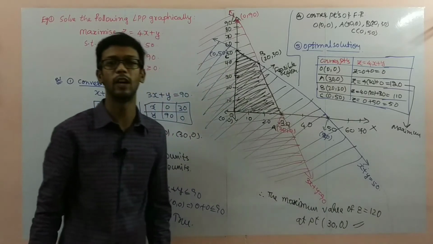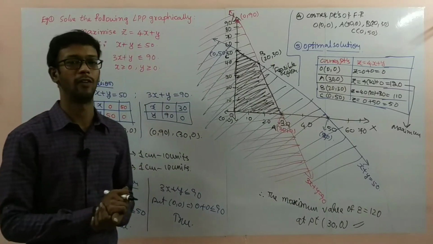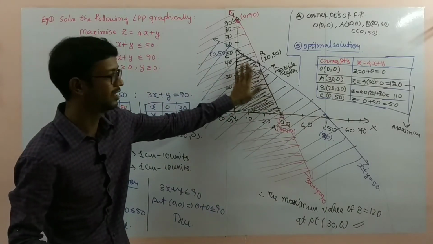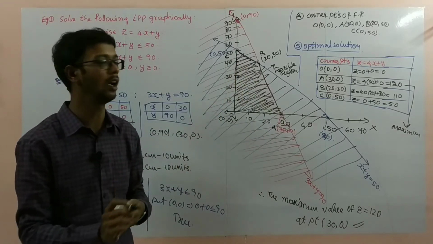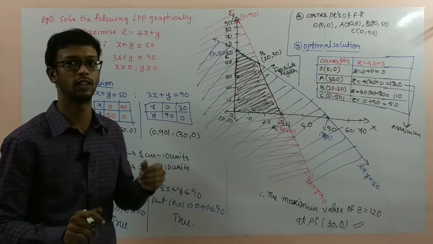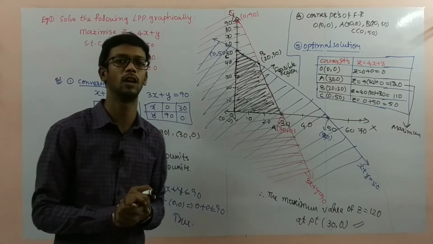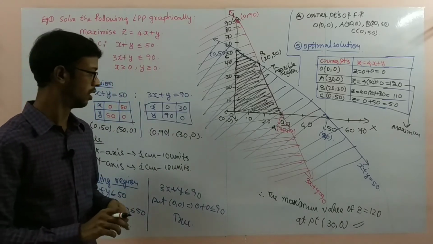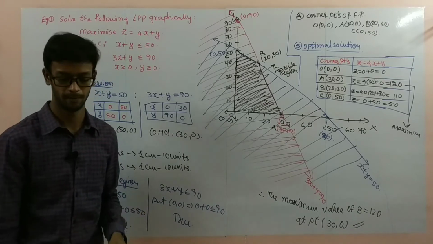So this is the way of solving the graph. You have to make this whole shade black, completely black. That is called the feasible region. This carries 6 marks in the PU final exams. So pause the video to note it down.